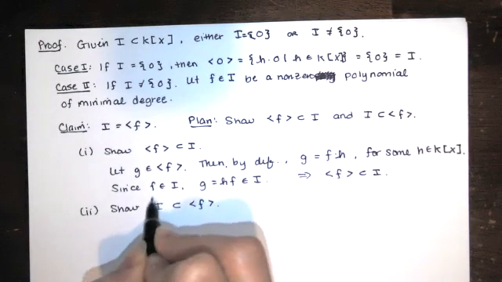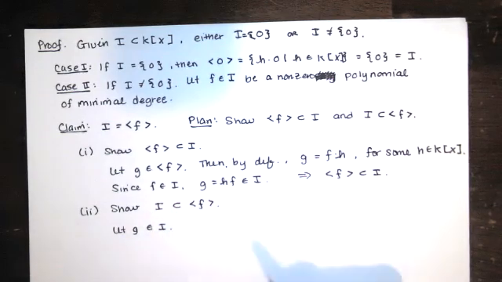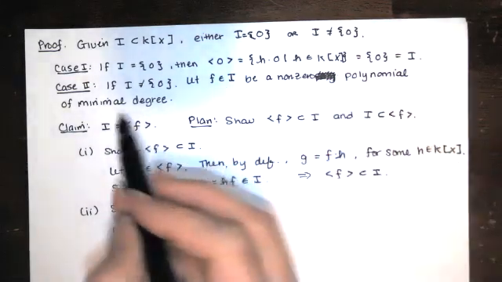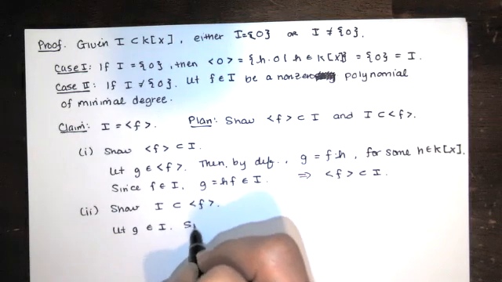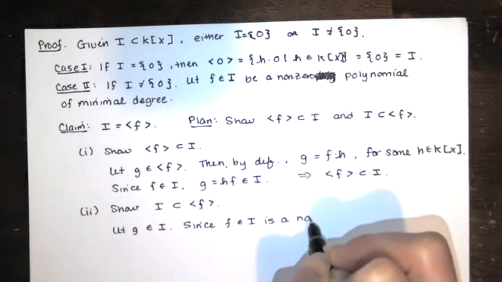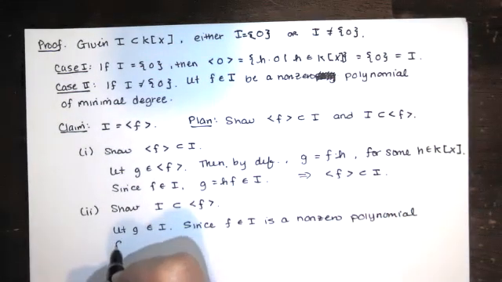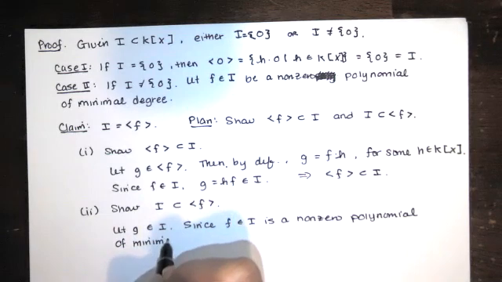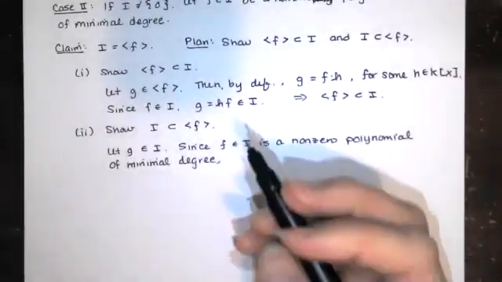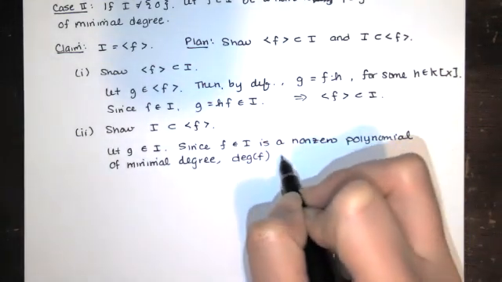This time we want to start with a polynomial g that is in our ideal. Well, since we said earlier that f was a non-zero polynomial of minimal degree in I, and g is also in I, then we know that the degree of f must be less than or equal to the degree of g.